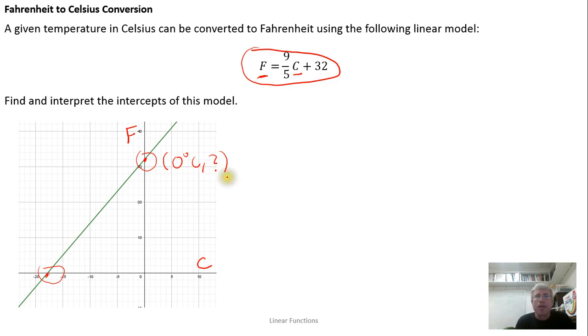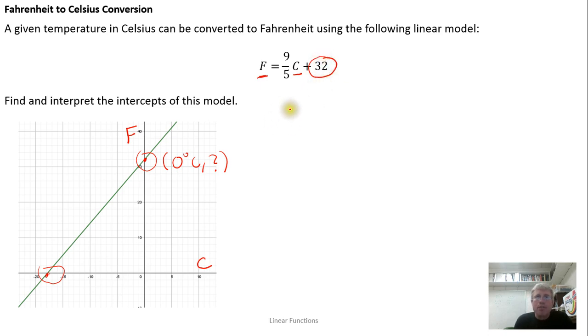So the vertical intercept is the easiest to do because we have a model that's in slope-intercept form, which means that we can read the vertical intercept directly from the model. The vertical intercept is the 32.